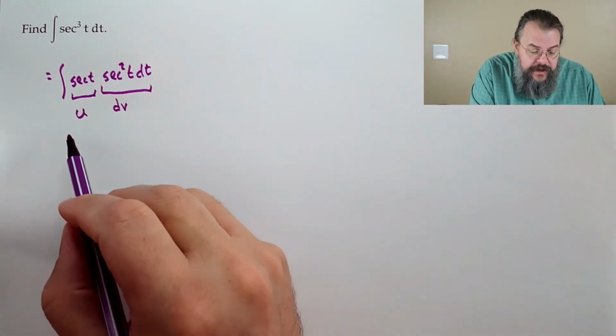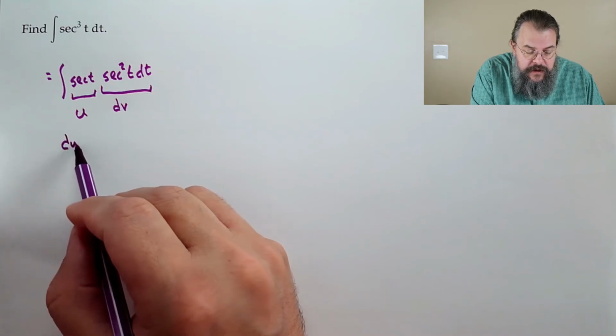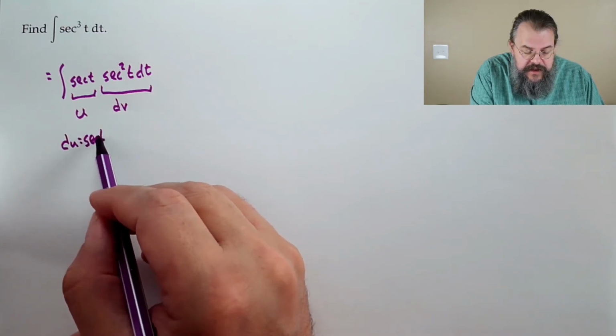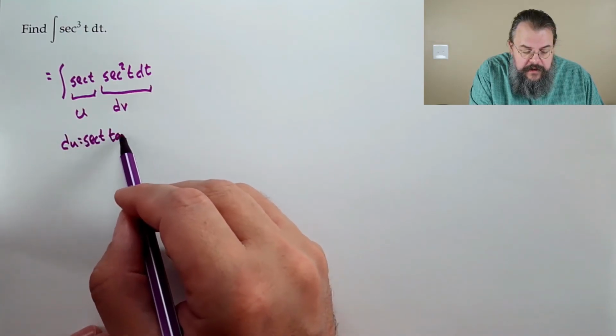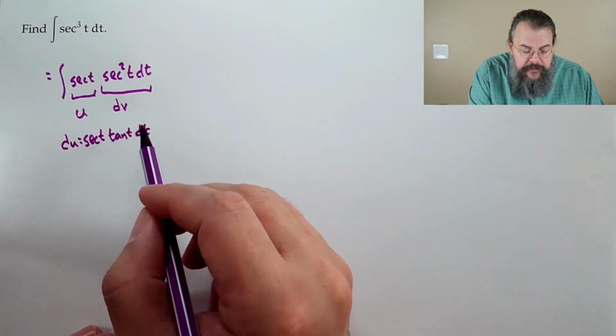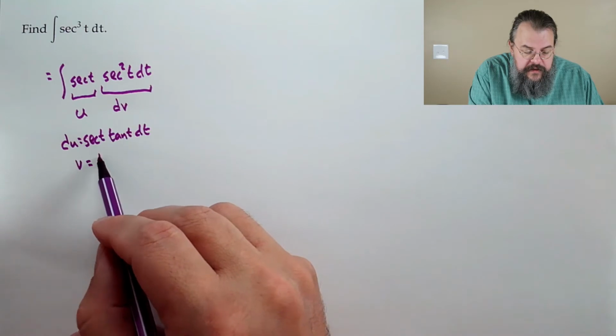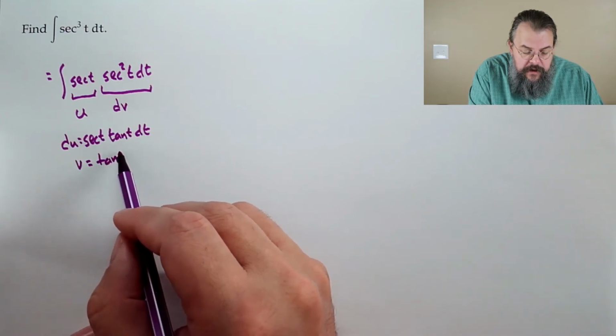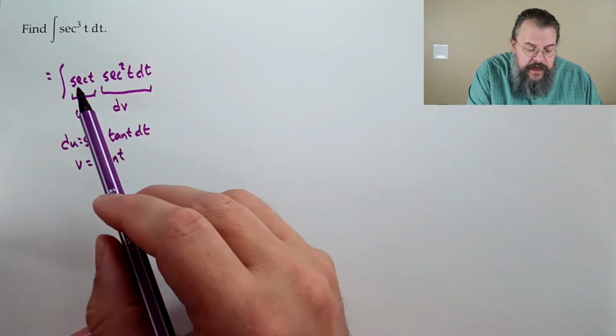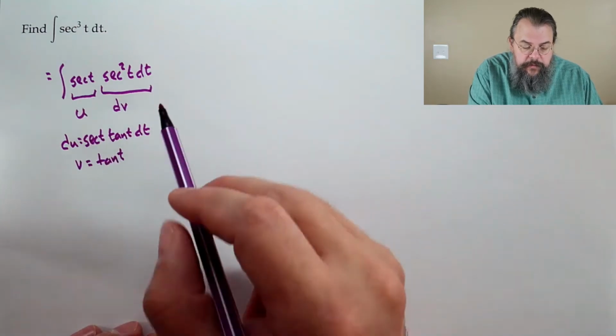Okay, so let's see, what would we have? du would be secant times tangent. Okay, that's not so bad. And v, the integral of secant squared, is tangent. Also not so bad. So we're going to have uv.